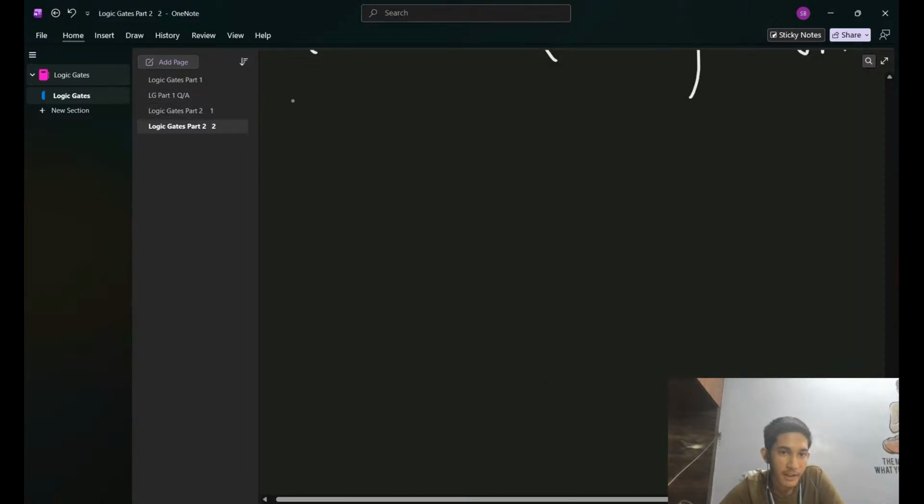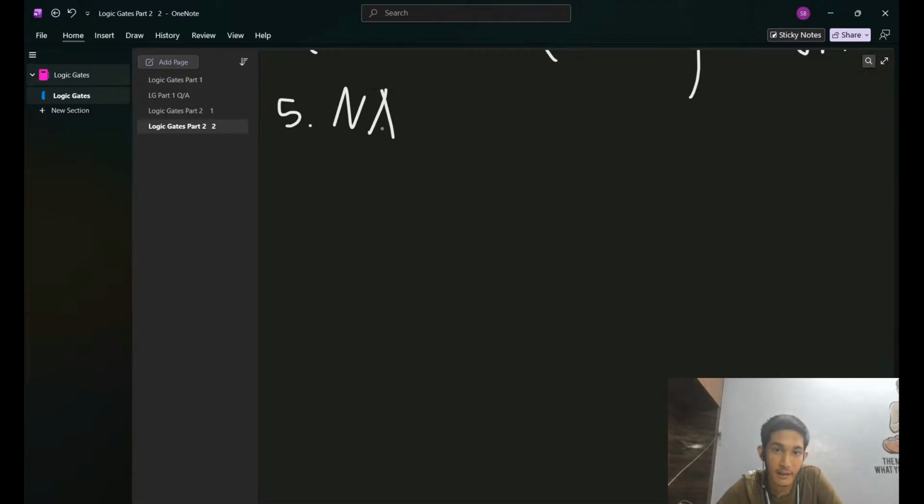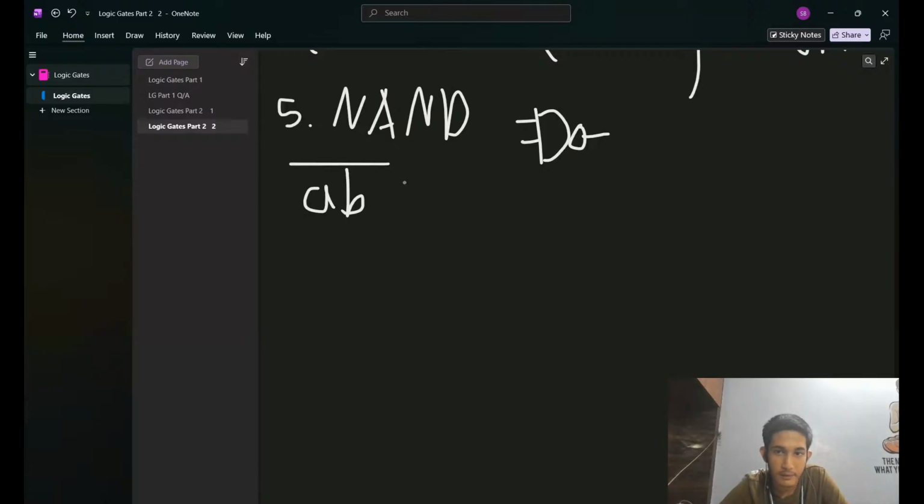We learned what this is, the NAND gate. It's the opposite of an AND gate. It's in the name. Its symbol is like this, an AND gate with a circle on top, and the Boolean algebra representation is A B naught.